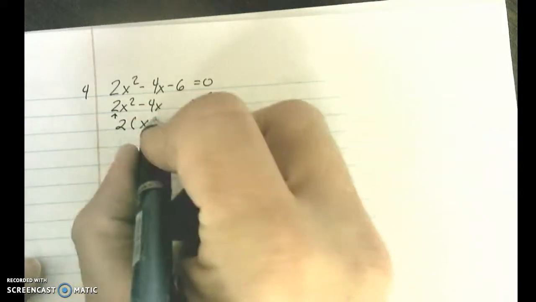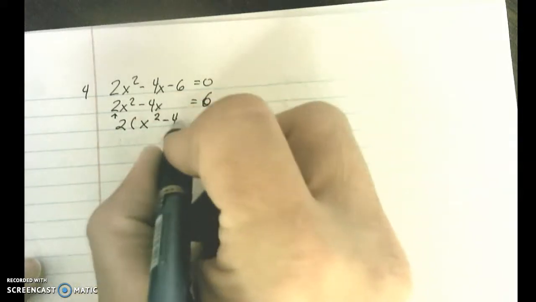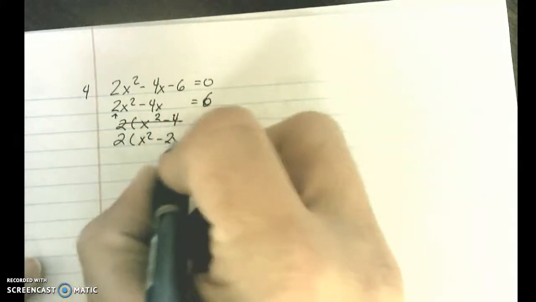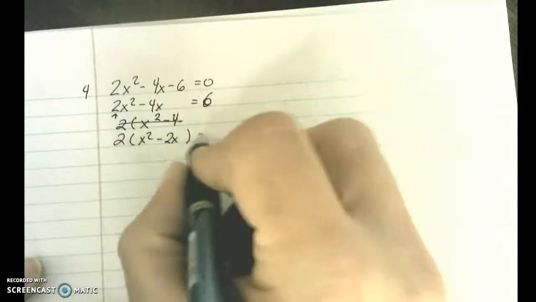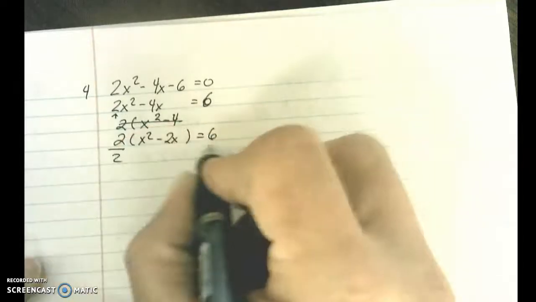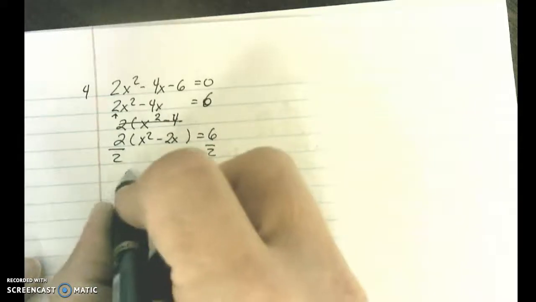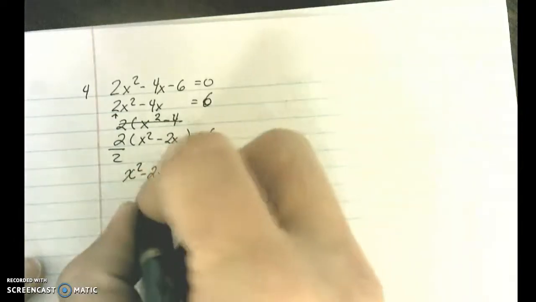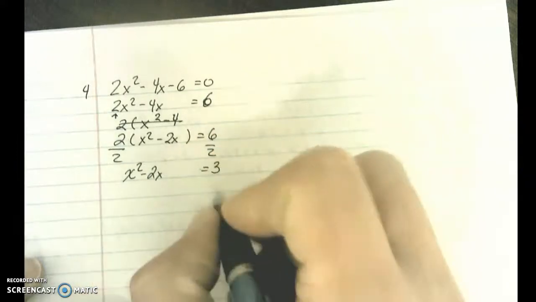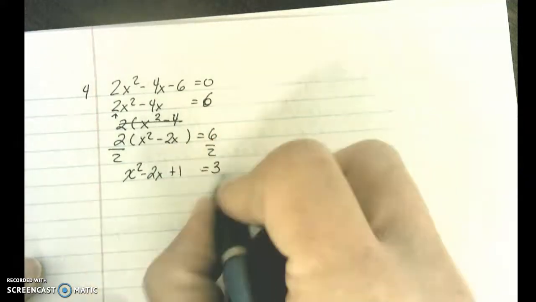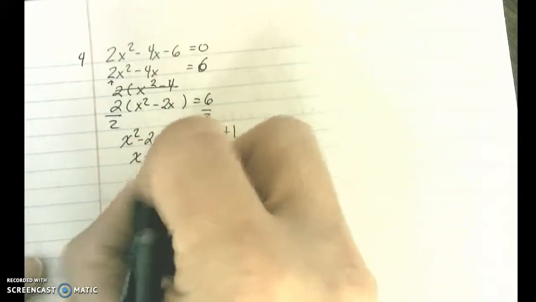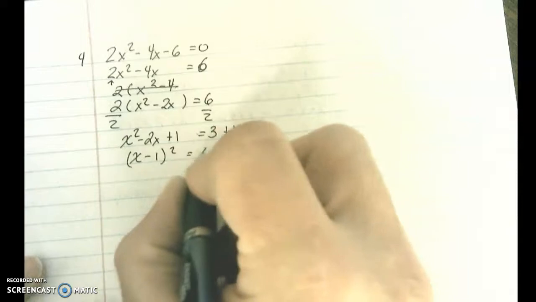So I get 2 times x squared minus 2x equals 6. So then I'm going to divide both sides by 2. So then I have x squared minus 2x is equal to 3. Well, I take 2, divide it by 2, which is 1, square that, which gives me a plus 1, plus 1. So then I have (x minus 1) squared is equal to 4.